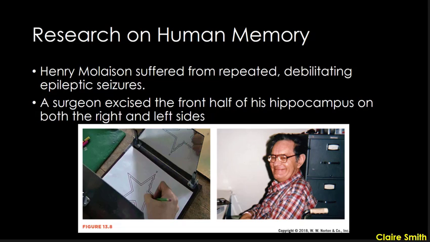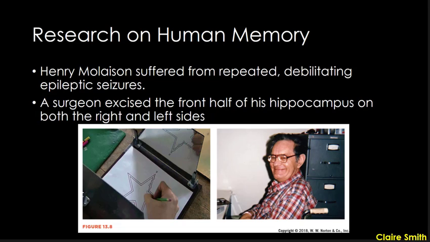And before HM, we didn't really know how these different memories were consolidated and learned in the brain. So it was interesting to have a case with bilateral removal of the hippocampus, which is really important for consolidating new explicit memories. So a lot of what we learned again on memory, we learned from HM and case studies like HM.